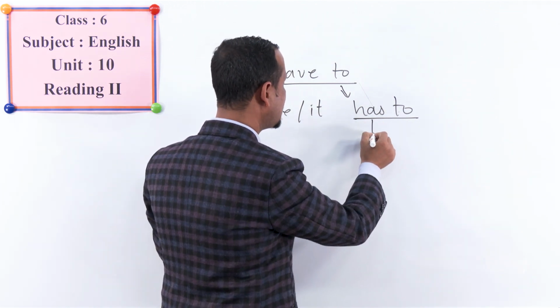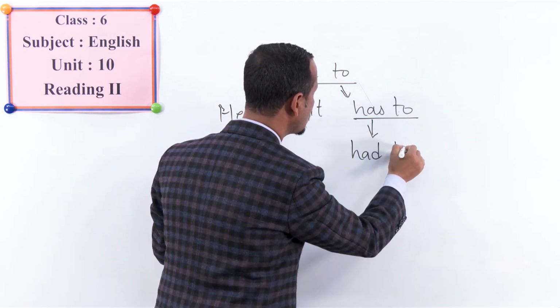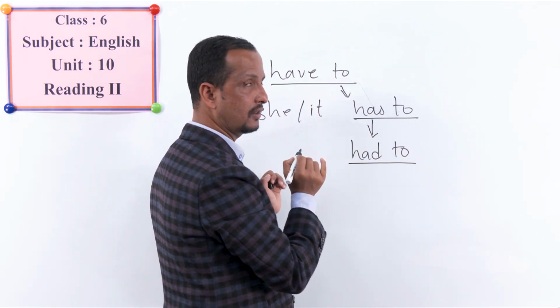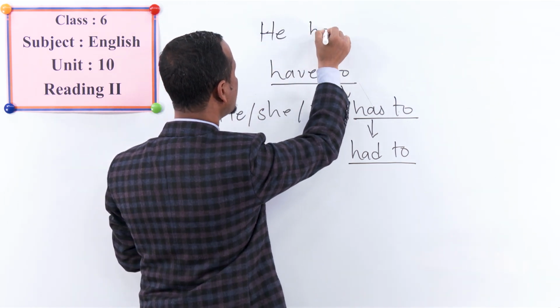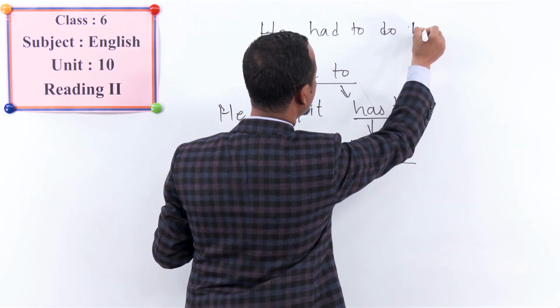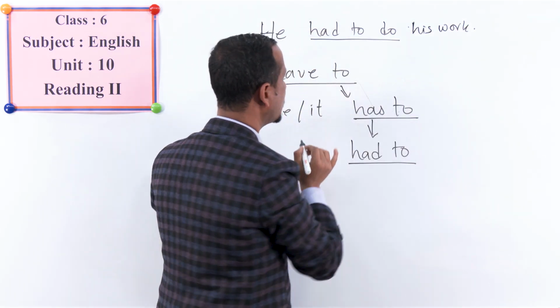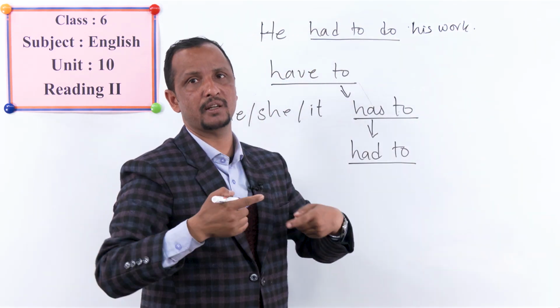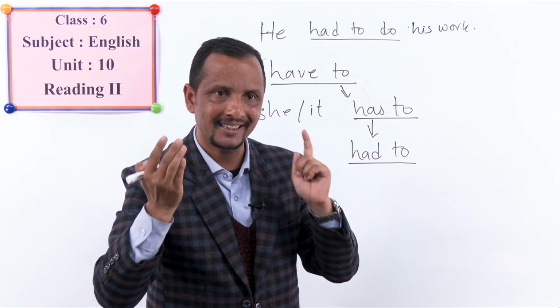And if it is past, then we have to use had to, right? For example, let's see here, he had to do his work. Had to, this we use to talk about a past event, right?